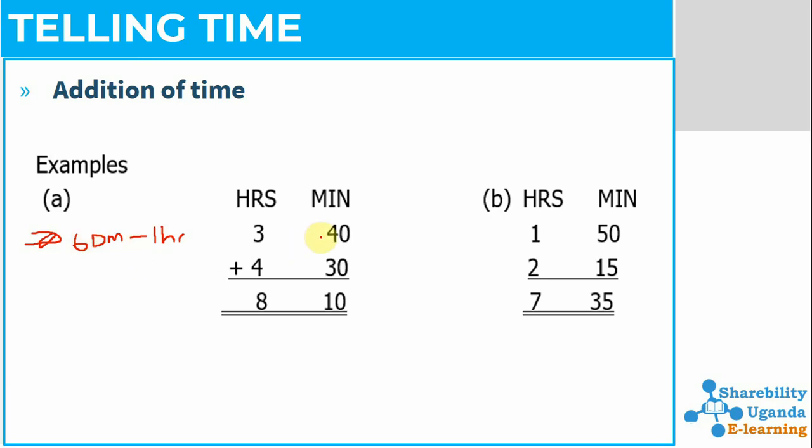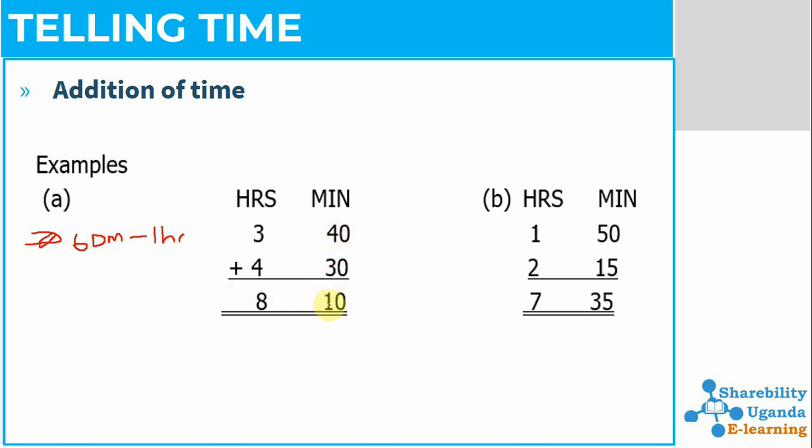So now we shall start from this side, counting our minutes. We are adding them together. So here we have 40 minutes plus 30 minutes. That means we are going to add these minutes.